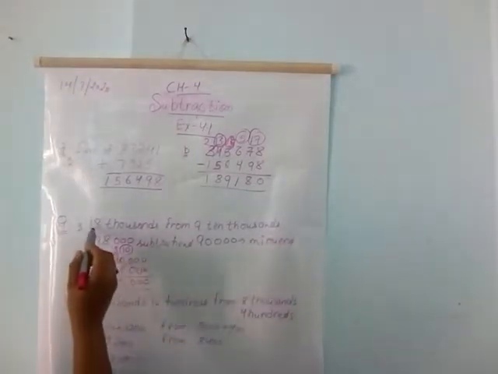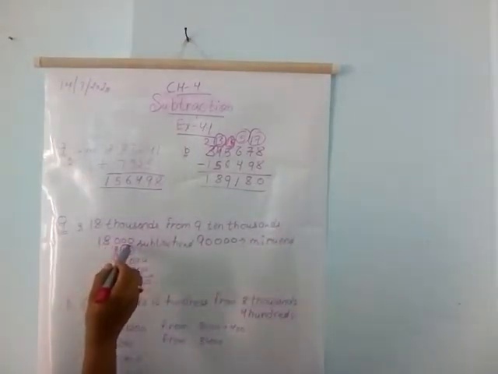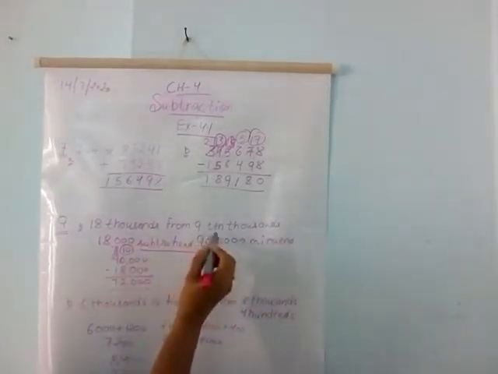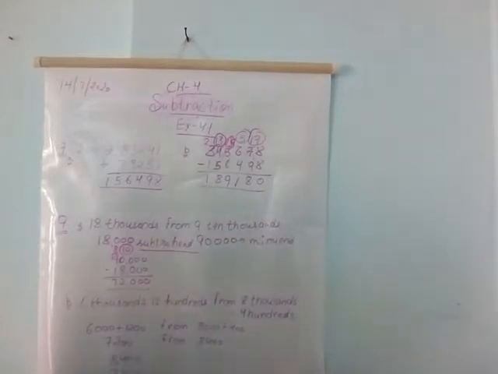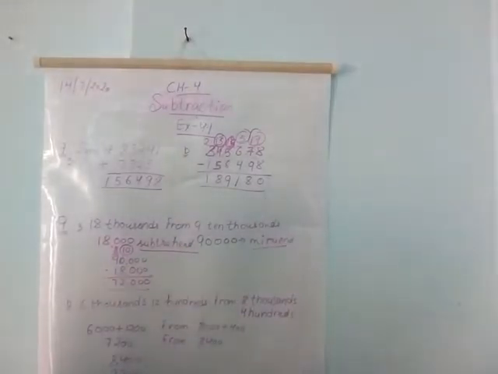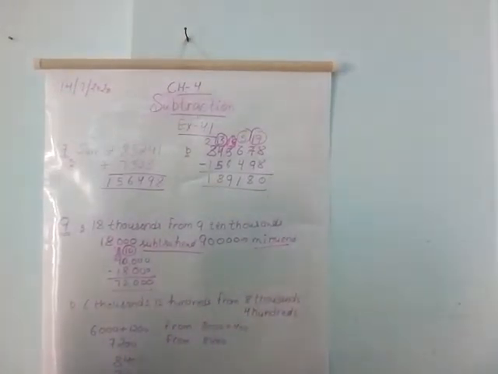Okay, so 18,000 becomes the subtrahend, and 9, 10 and 1,000, 9, 10 means 90, that means 90,000. The bigger number is always the minuend, and you have to write the minuend above the subtrahend. So it is very necessary for you to first find out which is minuend and which is subtrahend, otherwise you will commit a mistake.